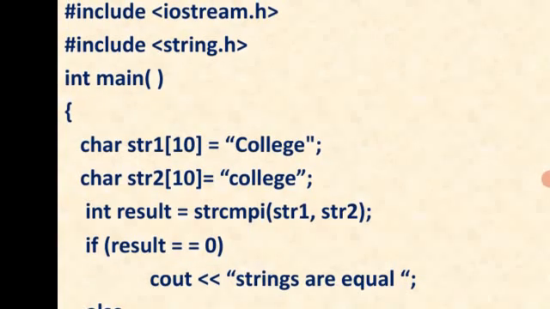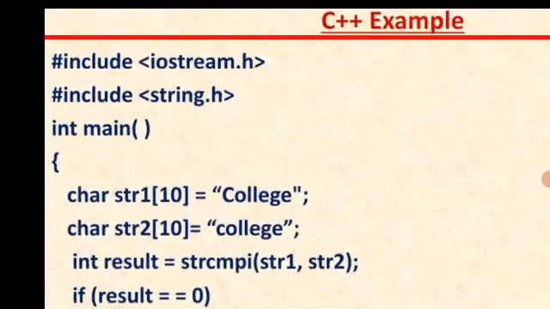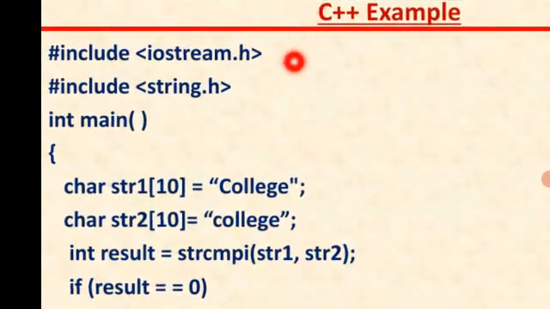You can observe here, students, we have declared one array. The name of the array is str1. It is a character array, and it includes a size. I have given it as 10, meaning the size of the array is 10.